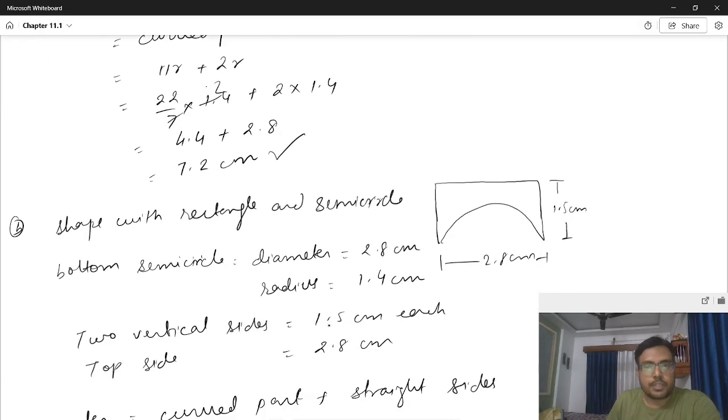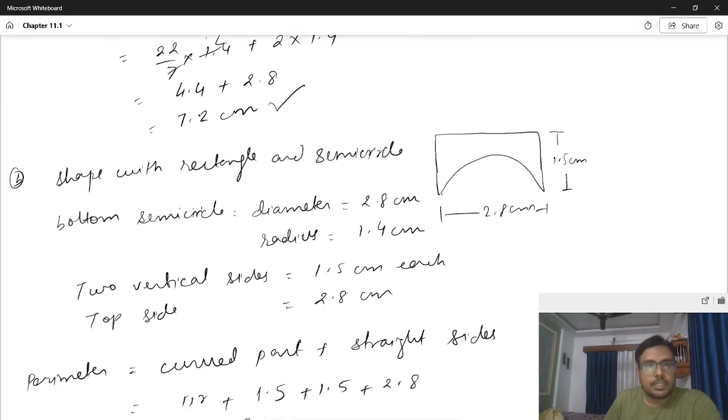Now the second figure. The second figure is a shape with a rectangle and a semicircle. So this is a type of rectangle, and this is a semicircle. So the ant will have to cover this and this curved part. Since this is not a complete rectangle, we can find the perimeter by this side plus this side plus this side plus this curved part, the half circle.